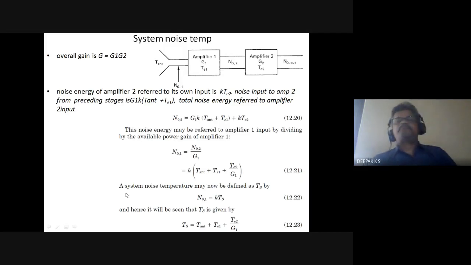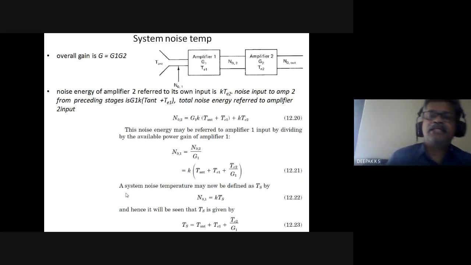Again, here I just put this whole slide to give an explanation for this Ts. My intention is not to give this expression for a cascaded stage, etc. But rather I want to give this system noise temperature notation, Ts, which will be used later.